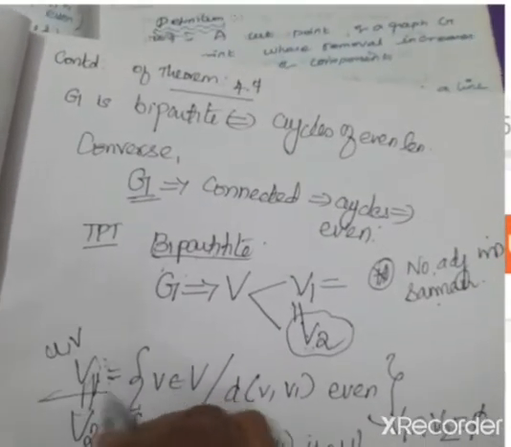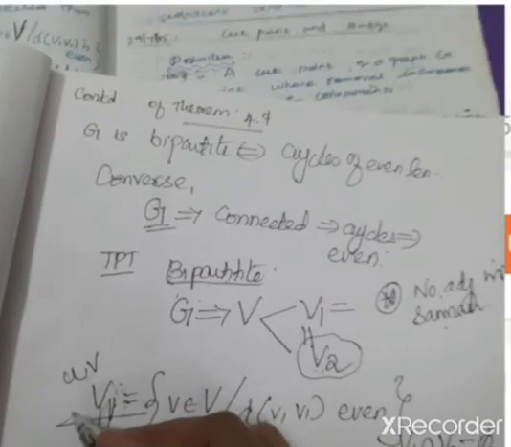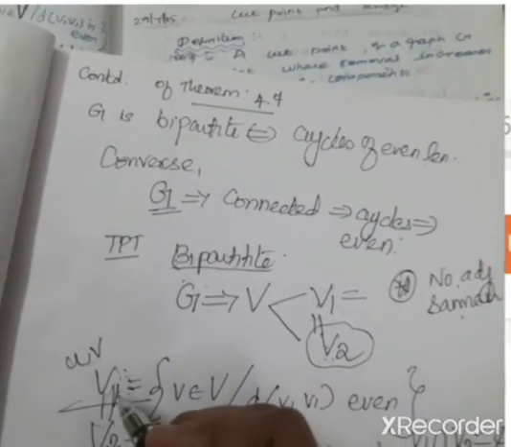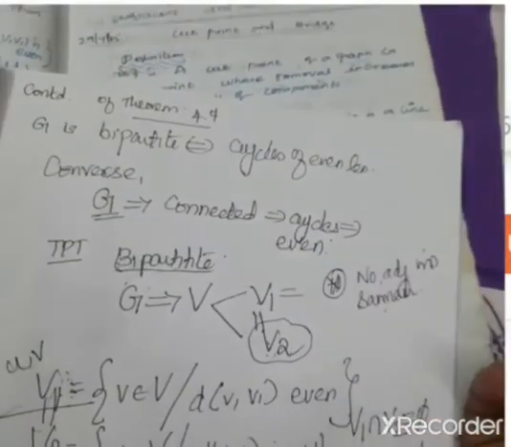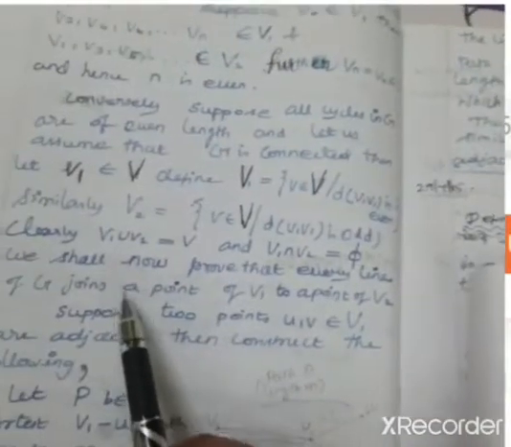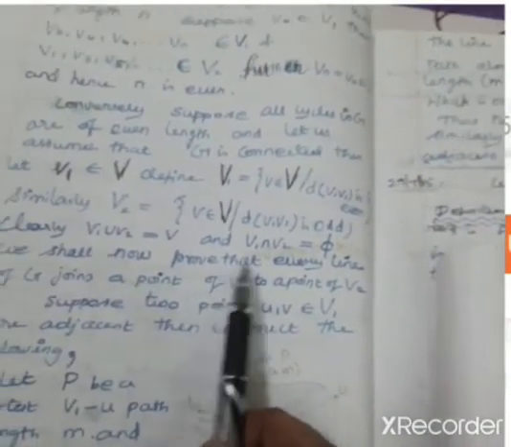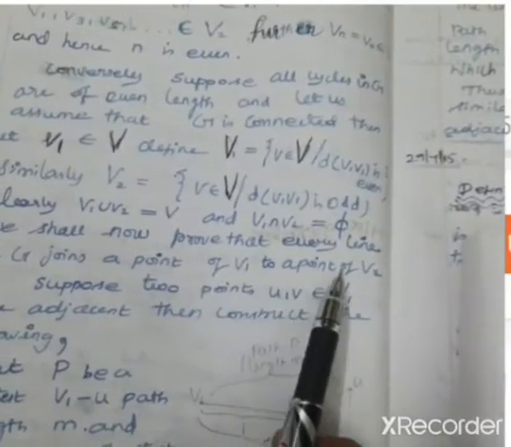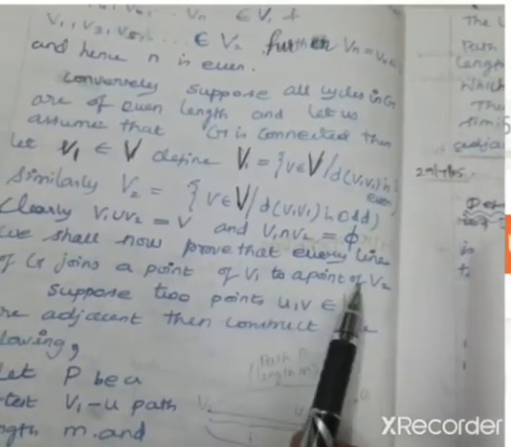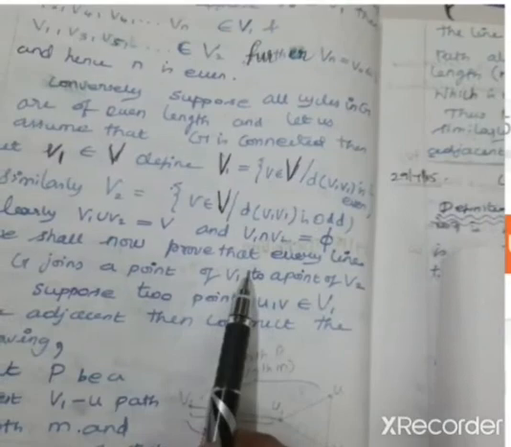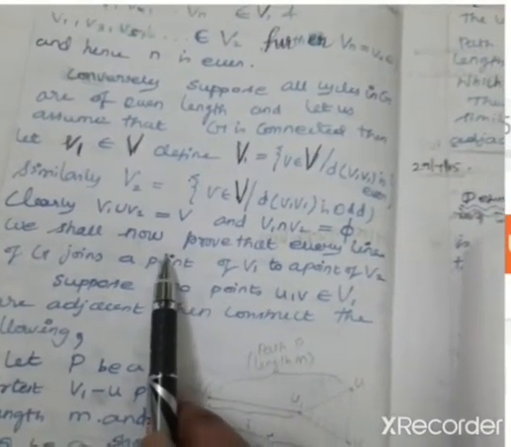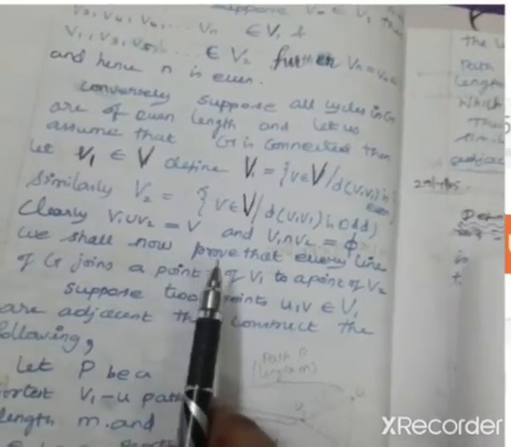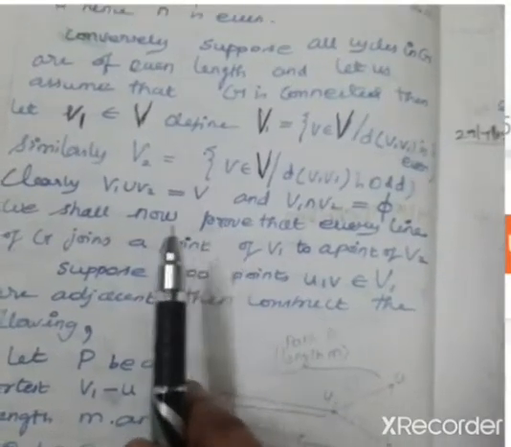So let us consider only the argument for V1 and see how it is going to contradict our fact. Having this in mind, we shall now prove that every line of G joins a point of V1 to a point of V2. This is what we have to prove. When I prove this, it is automatically understood there is no adjacency within the same vertex set.